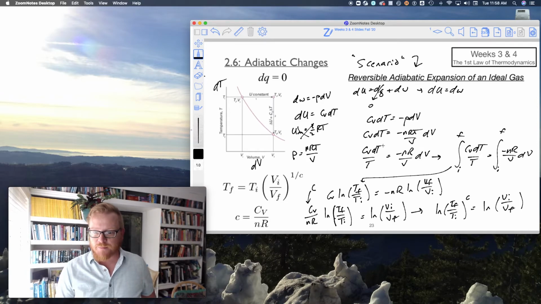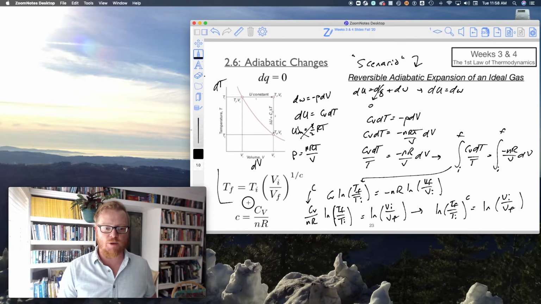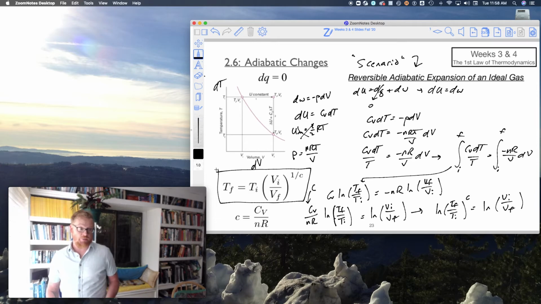However, hopefully you can see the way this is going to go. So if I take e of both sides, then I'll get Tf over Ti equals Vi over Vf raised to that constant c. And then now the algebra, I'm not going to finish this because I don't want to write a bunch of sloppy stuff. But see if you can finish the algebra and arrive at that relationship from there.